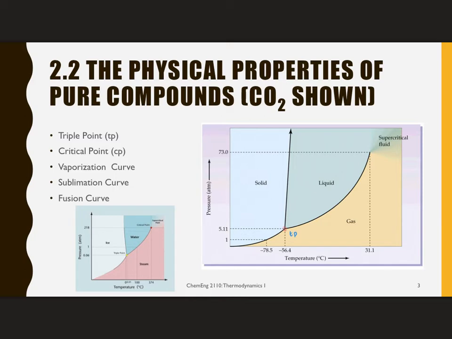The curve that separates the solid and the liquid is going to be called the fusion curve. We also could call it a melting point, but this is where the solid goes to liquid or liquid goes to solid. So freezing or melting. That's fusion. The curve at the lower pressures and temperatures that separates the solid and the gas is the sublimation curve.